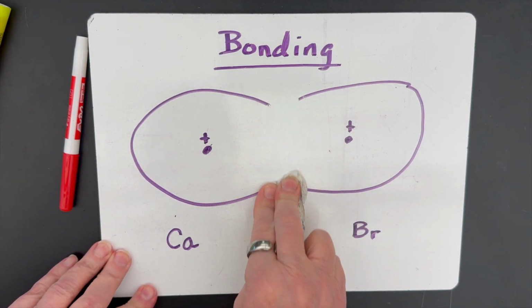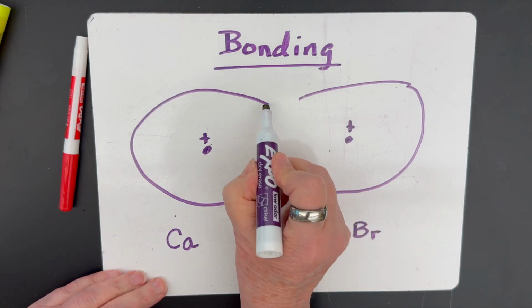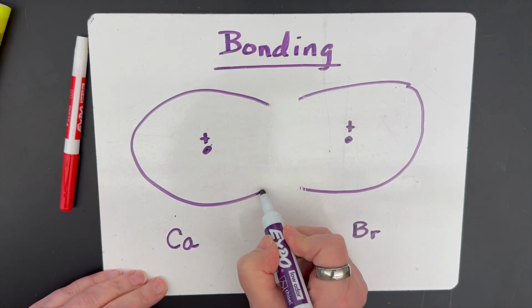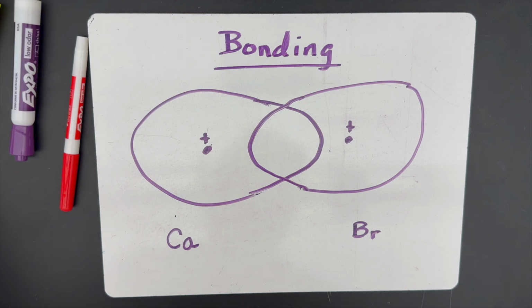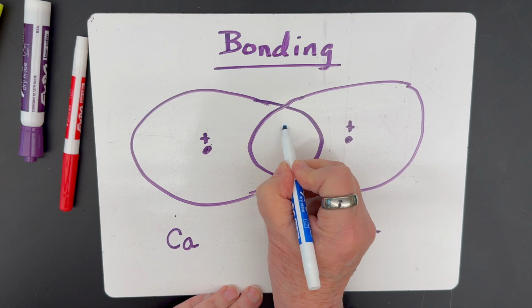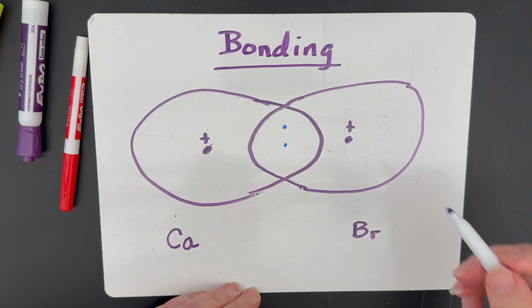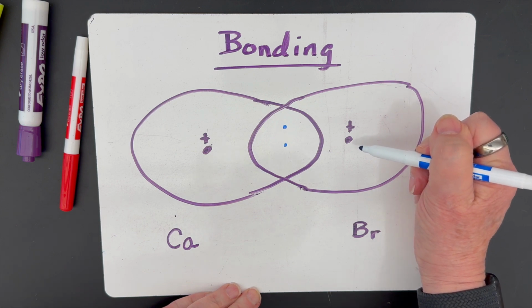Let's change this a little bit just to make it more obvious. Now, if this was a perfect covalent bond like the last one, our electrons would be right here in the middle. But we said bromine was much stronger.